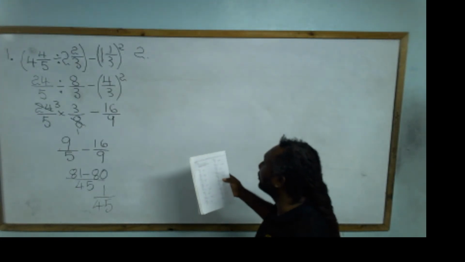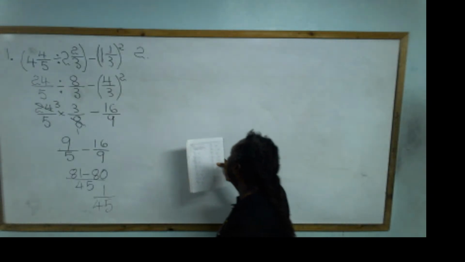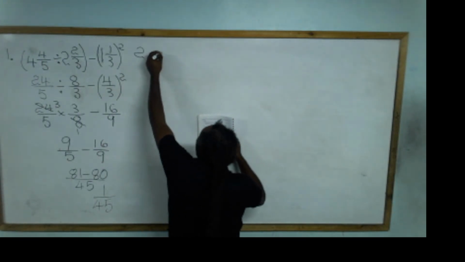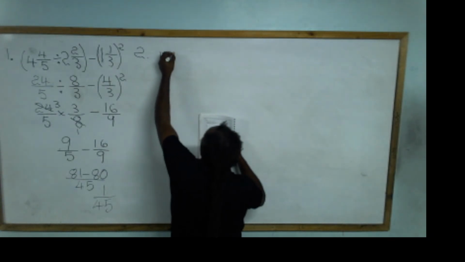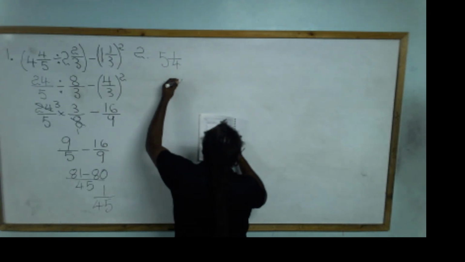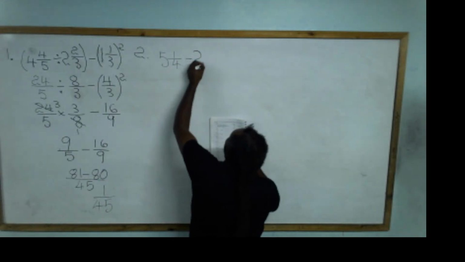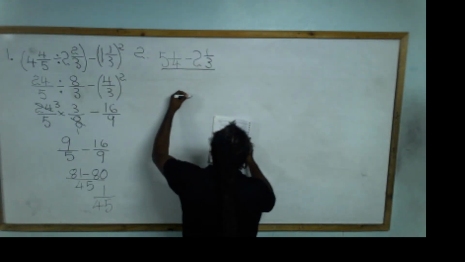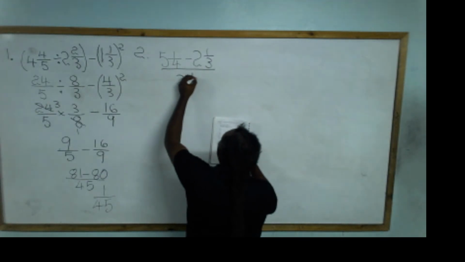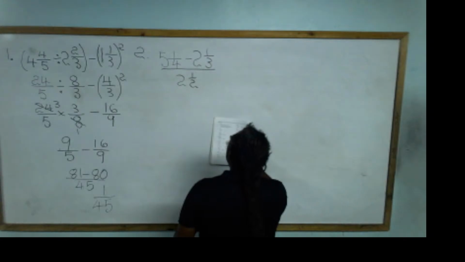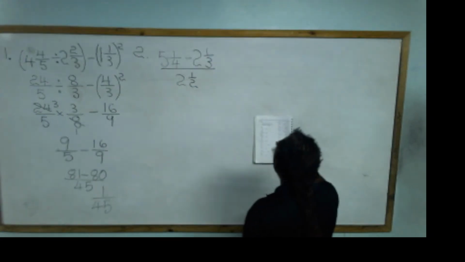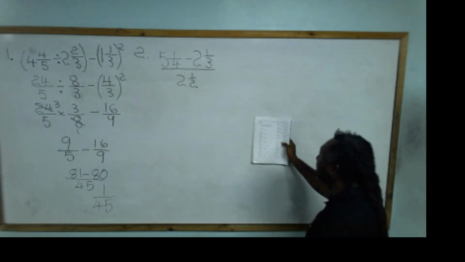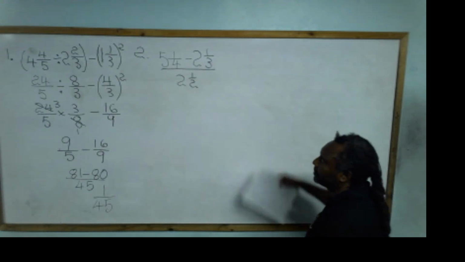So let us look at our number 2. Students, when you are solving or given a problem like this to solve in the examination, do not separate the problem into 3 parts. Keep them together in the same way that I'm doing here. So 5 1/4 minus 2 and 1/3 over 2 1/2.